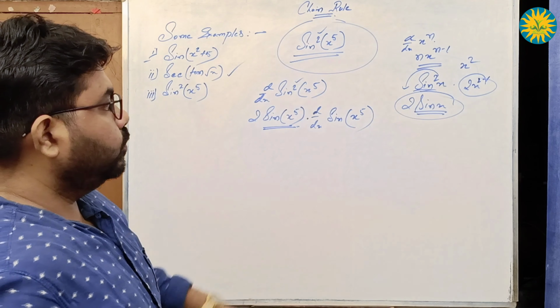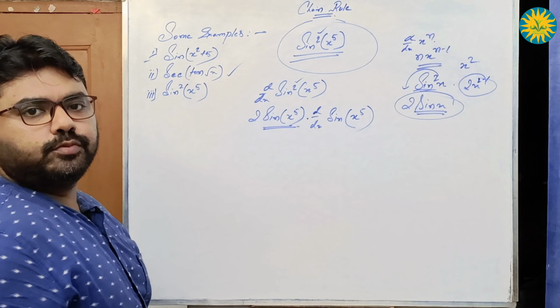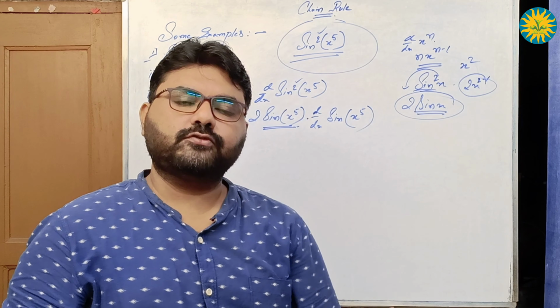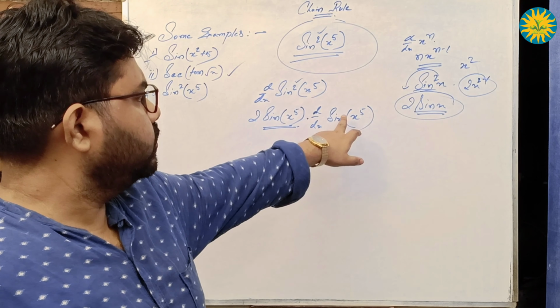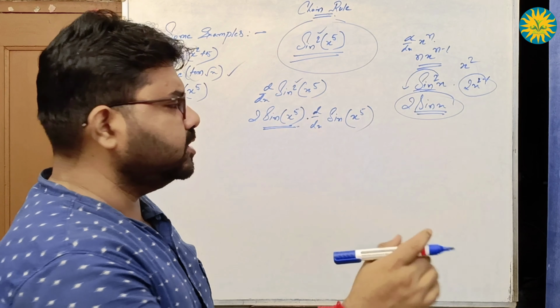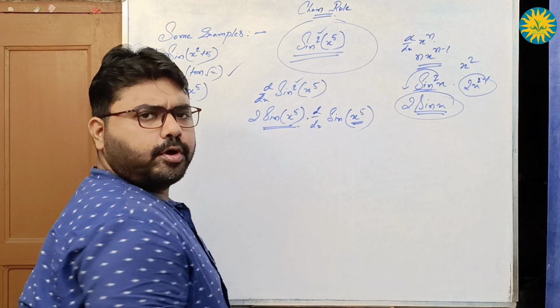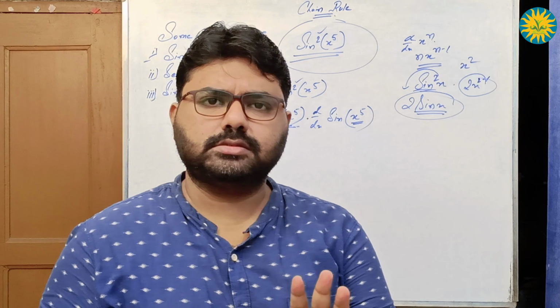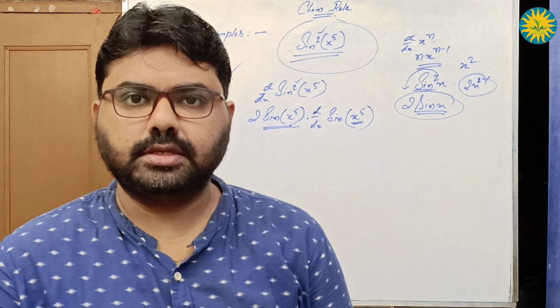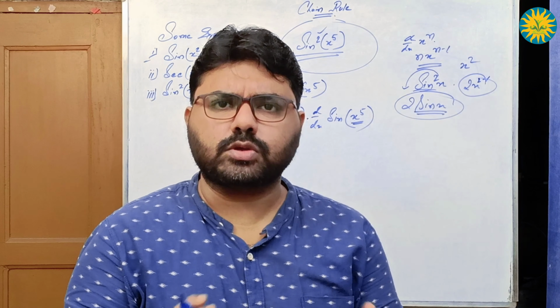What will be the differentiation of sine x to the power 5? We know that the differentiation of sine x is cos x. Just substitute this x to the power 5 as x, normally x. What will be the differentiation of sine x? It will be cos x, simply cos x.